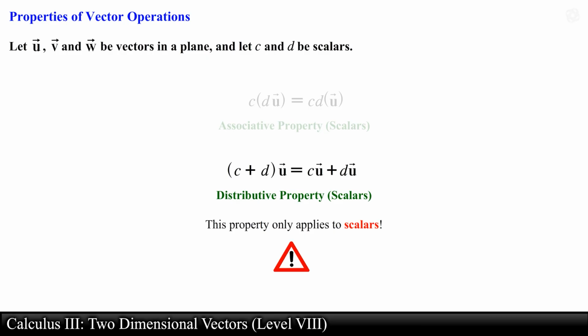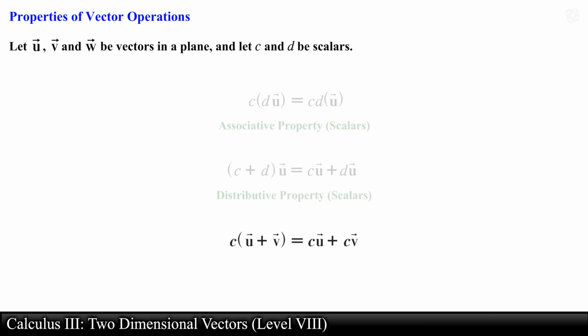We will define vector multiplication in a much later video. Similar to the previous property, scalar c times the sum of vector u and v is equal to scalar c times vector u plus scalar c times vector v. This is essentially another form of the distributive property for scalars.